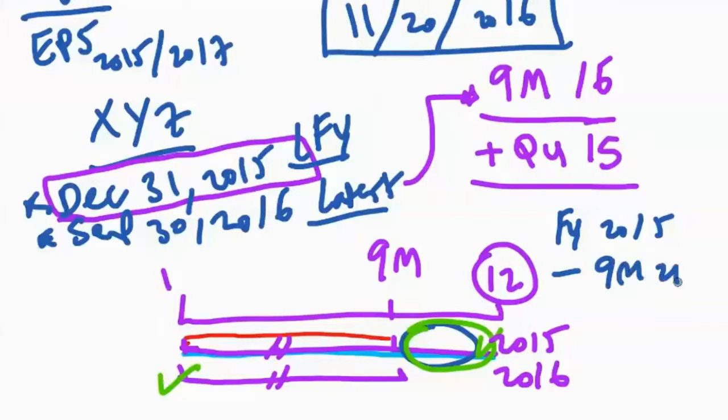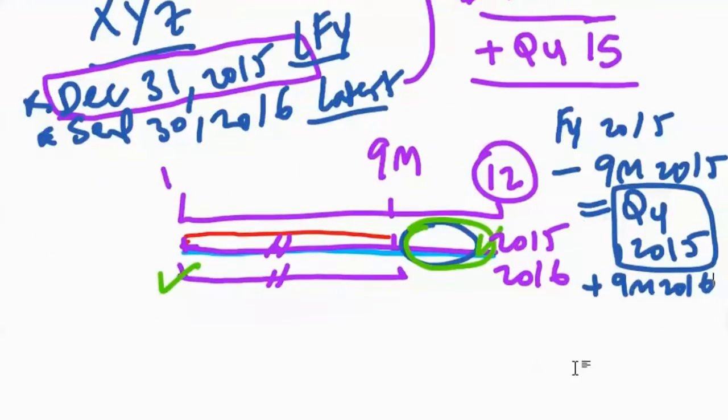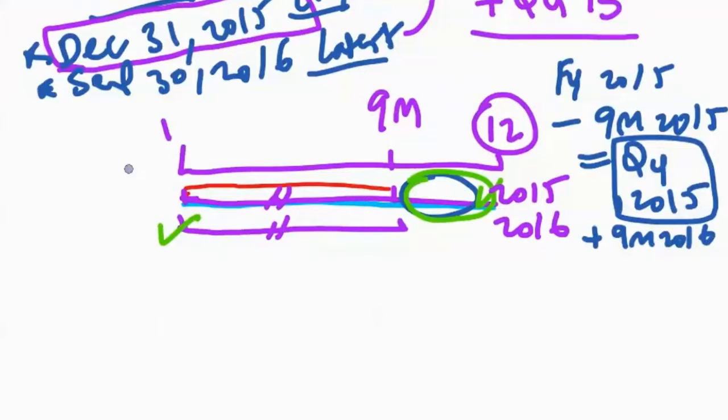So if you have fiscal year 2015, subtract the 9 months 2015, that gets you the fourth quarter for 2015. All you need then to do is just add the 9 months results for 2016, and you have the trailing 12 months, or what we call last 12 months earnings.